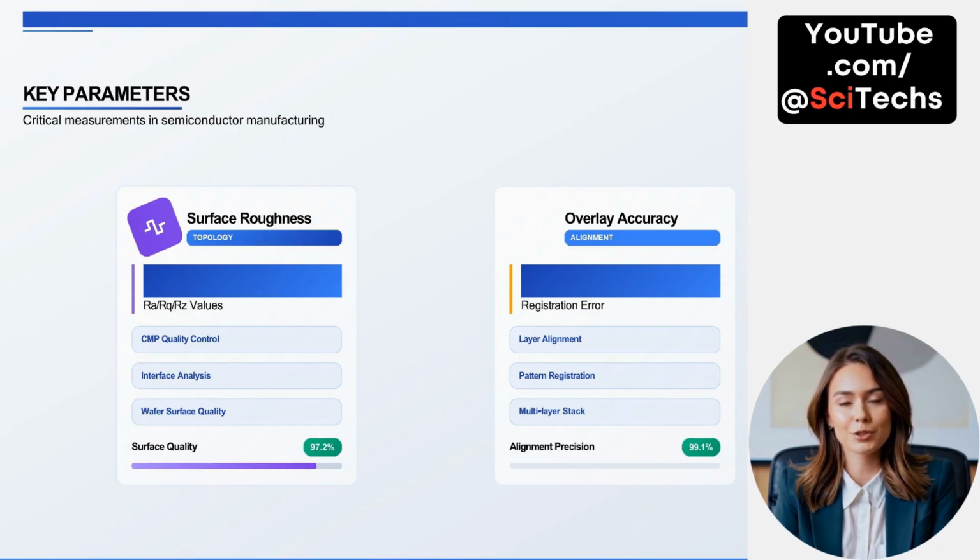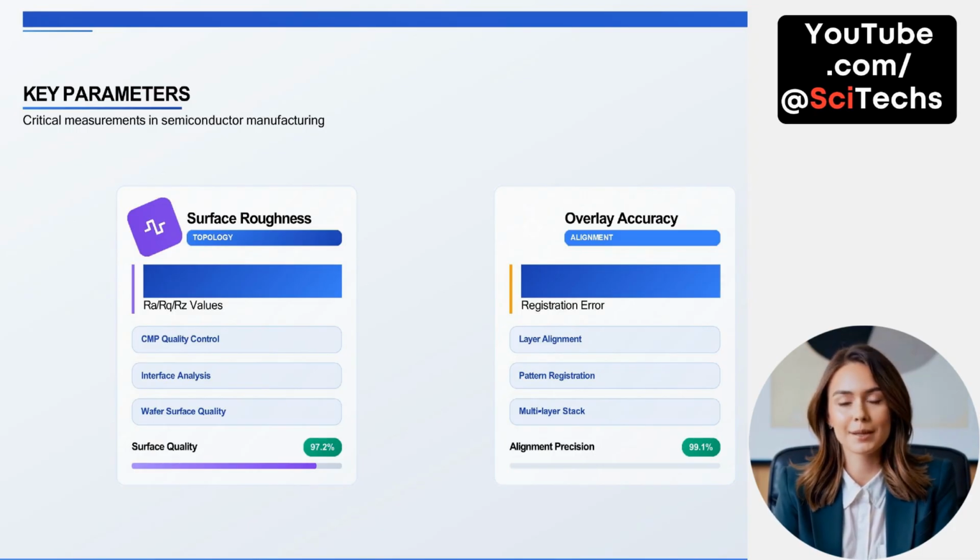These metrics are essential for CMP quality control, ensuring that planarization processes remove excess material evenly. Roughness also impacts interface analysis, particularly where different material layers meet, and plays a major role in overall wafer surface quality. A high surface quality rating of 97.2% indicates excellent process control during polishing and deposition steps.